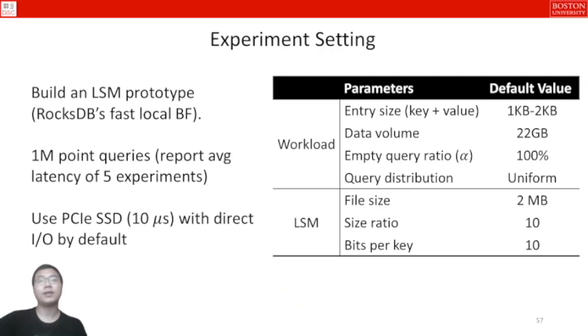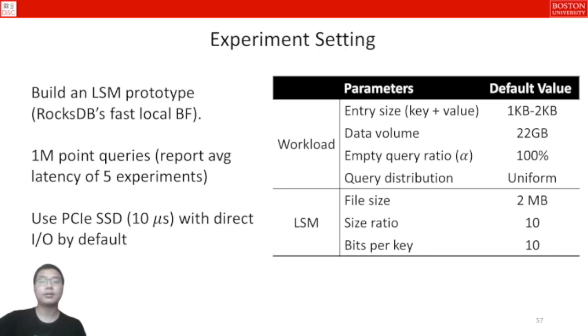In the evaluation phase, we built an LSM-Tree prototype system using RocksDB's fast local Bloom filter. The experiment procedure goes as follows. We populate the LSM-Tree in advance and measure 1 million point lookups, report the average latency of 5 experiments, and we use PCIe SSD with direct I/O by default.